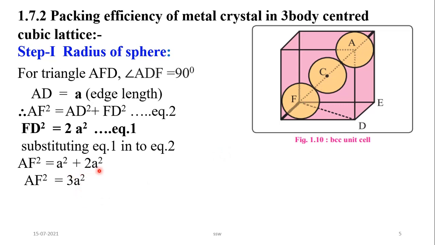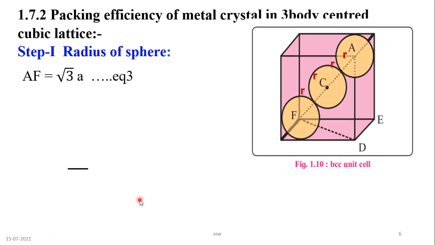A square plus 2A square is equal to 3A square, and therefore AF is equal to root 3 into A. So this is equation third. Now AF is equal to root 3 into A.